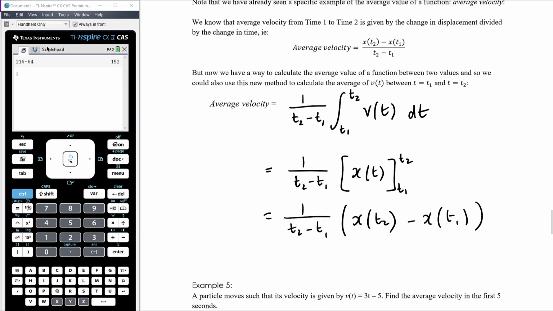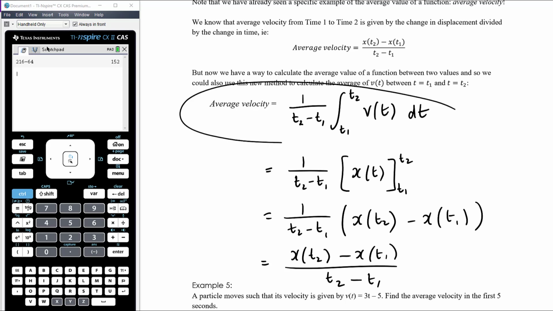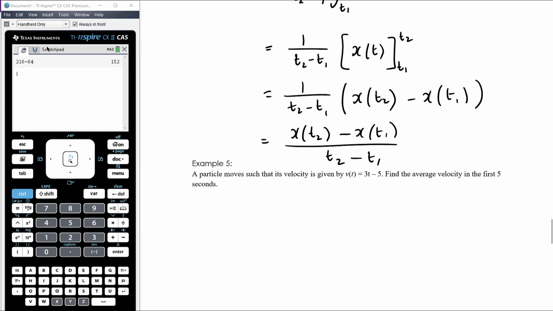And so actually what we've got is exactly what we've been doing anyway, but we can choose to think about it as an average value of a function if that's an easier process to think through. It still turns out to be change in displacement over change in time, by thinking about it as the average value of the velocity function from t equals t1 to t equals t2. All right, so let's think about it for an example.